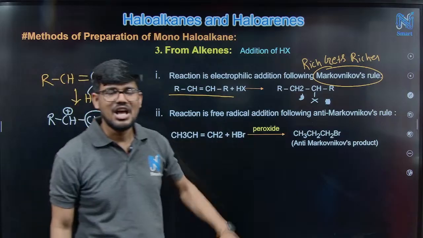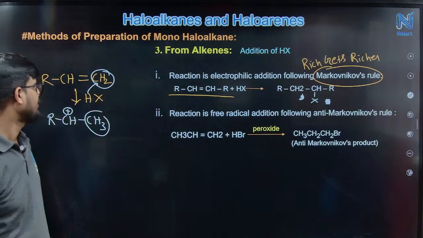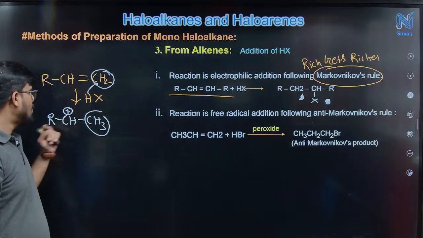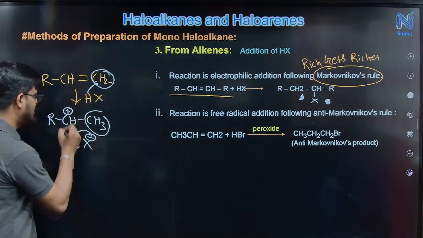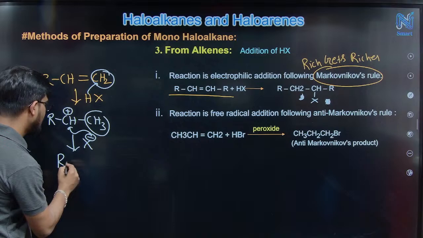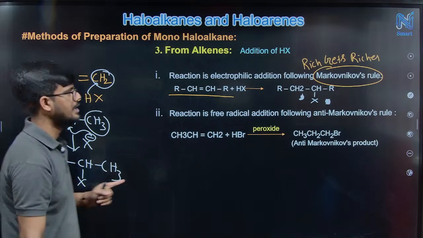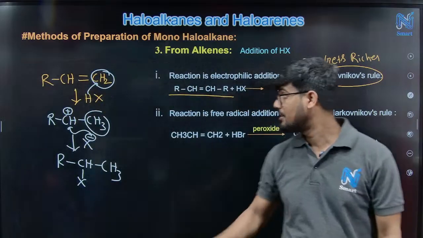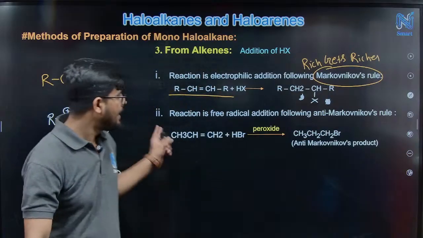That's why I said rich gets richer as per Markovnikov's rule. So this is the trick. Now X minus will attack this carbocation, and you will get this product, right? So this is the mechanism of Markovnikov's rule, correct?